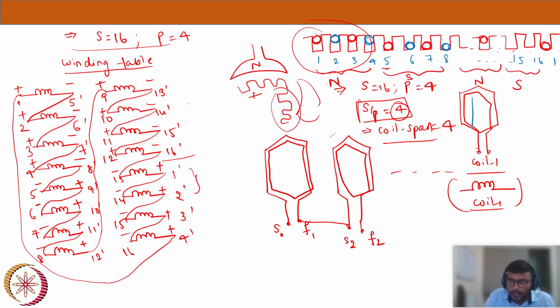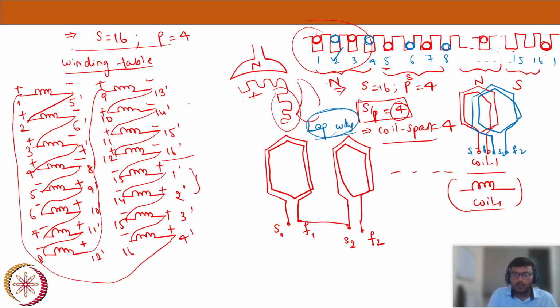The second coil will come as close as this, like this here. If this is coil 1 S1 F1, this is coil S2 F2, because we are starting the second coil right adjacent slot to the first coil. So it's like the second coil is on the lap of S1. It's like overlapping. So that's why we say this kind of connection is a lap winding.